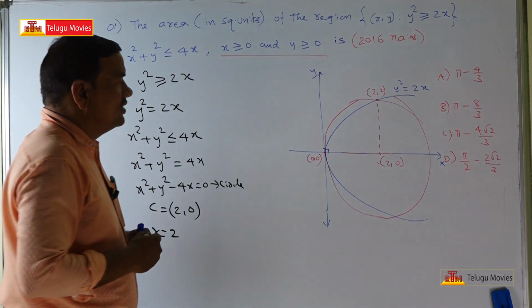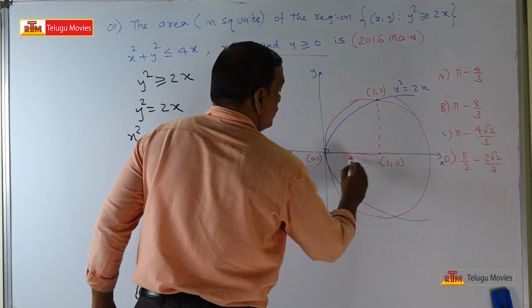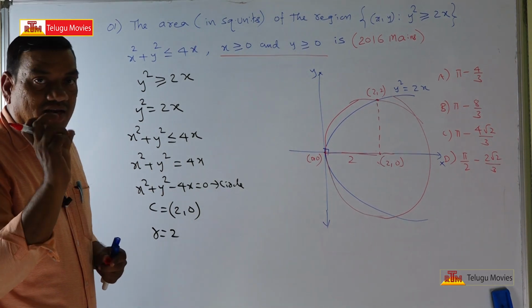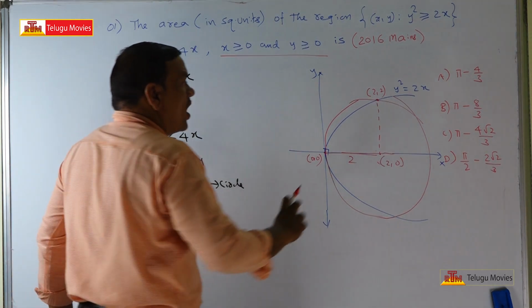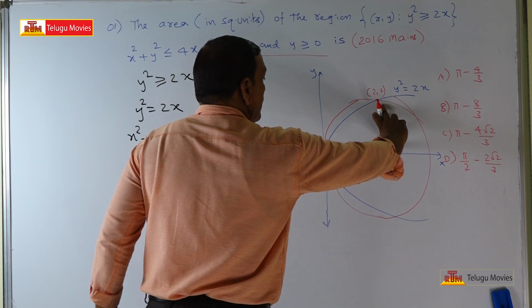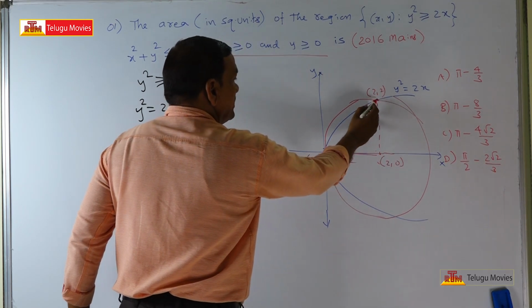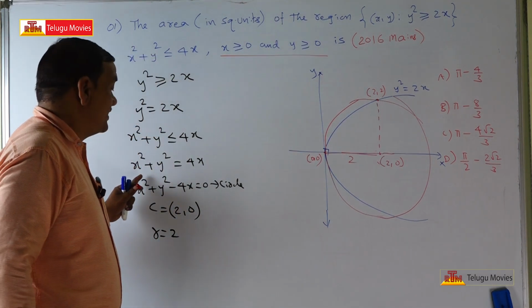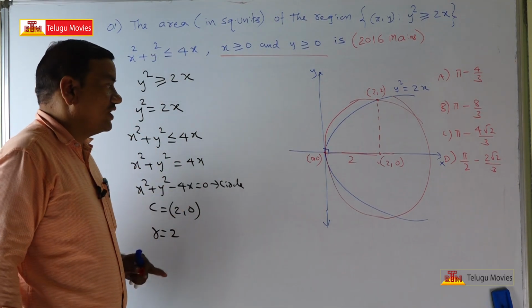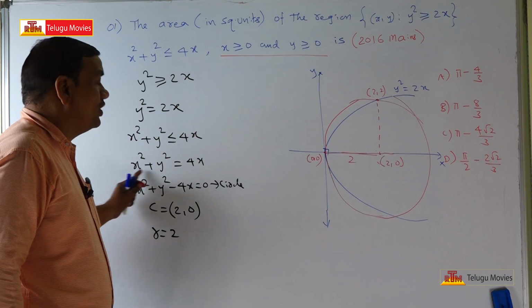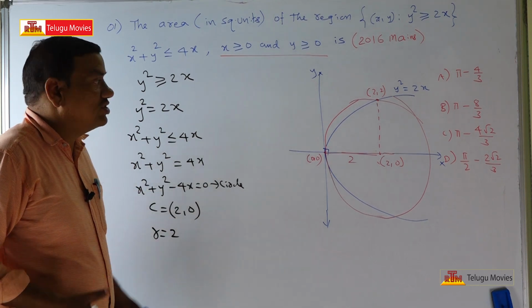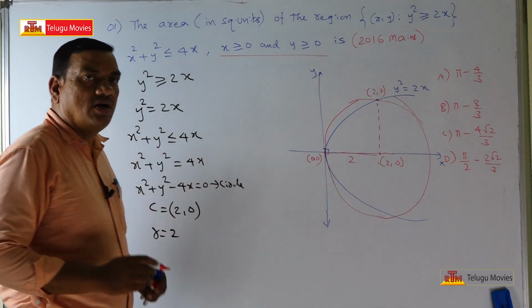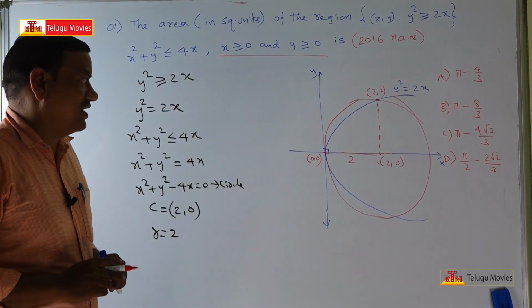If you observe, the x coordinate is 2, because the radius is 2. What about the y coordinate? This point passes through the circle x square plus y square is equal to 4x. If you substitute x is equal to 2 here, the y value is also 2. Moreover, this (2, 2) satisfies both the parabola equation and the circle equation.